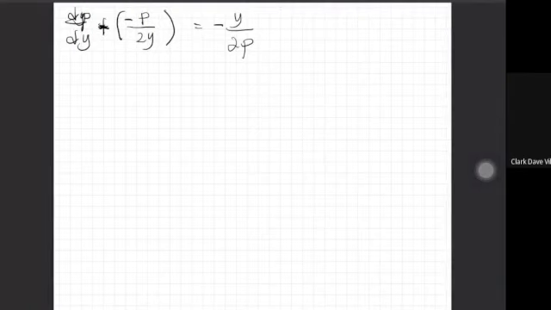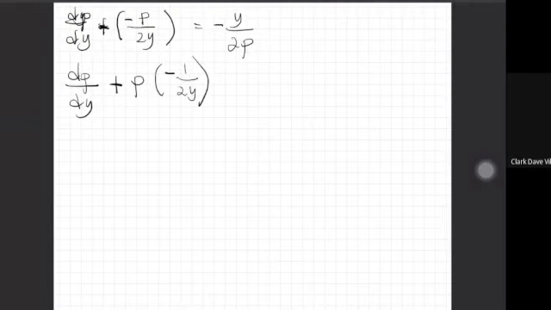Okay, and so I'm going to rewrite this. Minus, I can also use the addition. So plus, and then the dependent variable p, and then I have my p of y, that is negative 1 over 2y, equated to, I have my p to the negative 1, wherein this is my n.